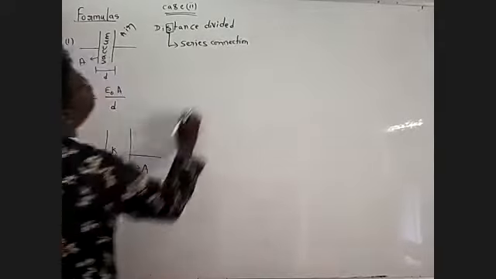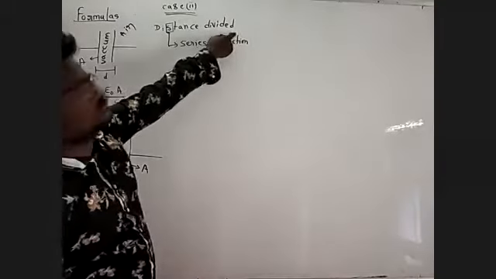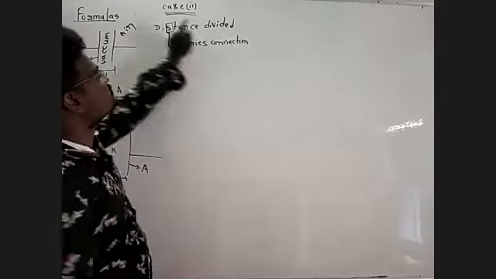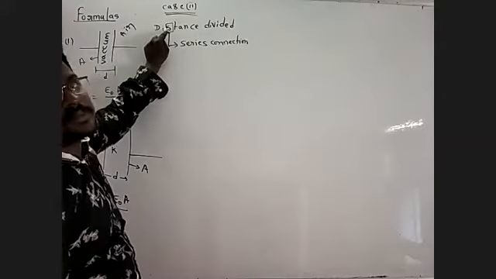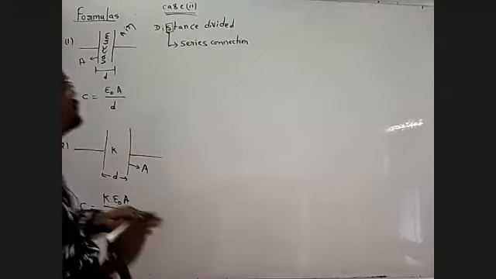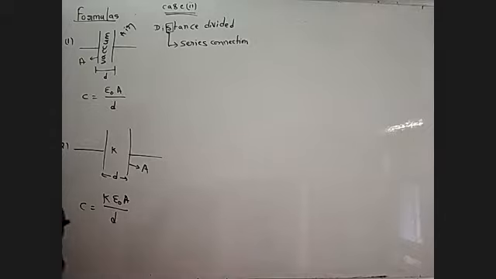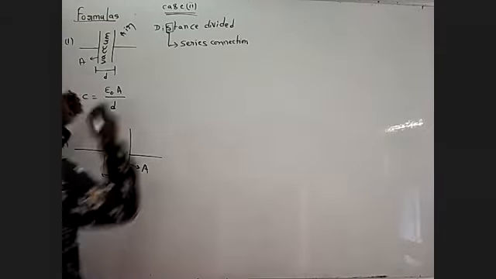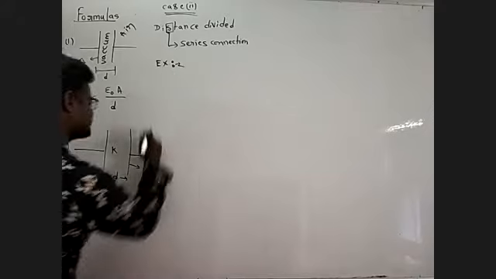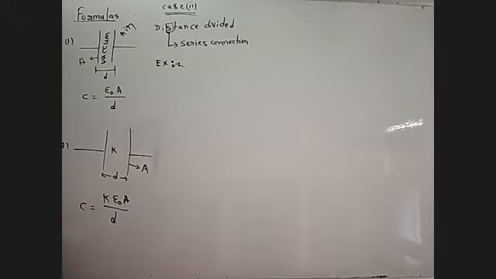Don't confuse: when the distance is divided into a number of parts, it means n capacitors are connected in series connection. Keep in mind, distance can be divided. Example number 2, we are going to explain example number 2.